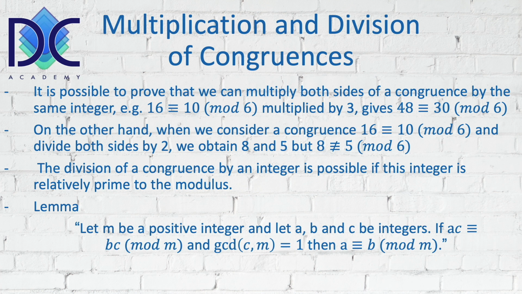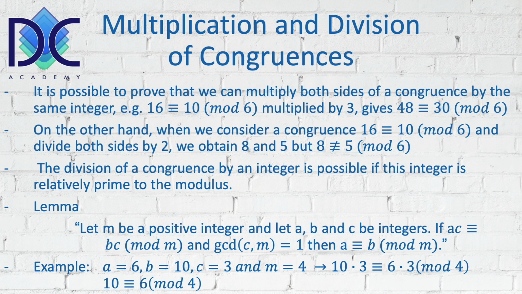Let m be a positive integer and a, b, and c be integers. When we know that a times c is congruent with b times c modulus m, and the greatest common divisor of c and m is equal to 1, then when we divide both sides by c, we get that a is congruent with b modulus m.